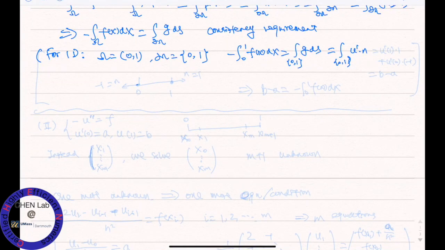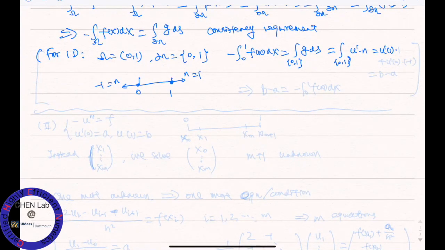And what is u prime dot n? For 1D from 0 to 1, at point 1 the normal direction is pointing outside of the domain, this way. At 0, the normal direction is this way. So this n is 1, and that n is negative 1.